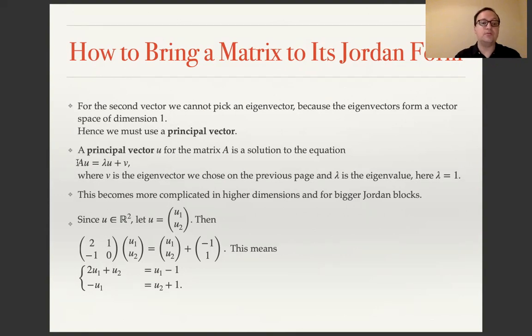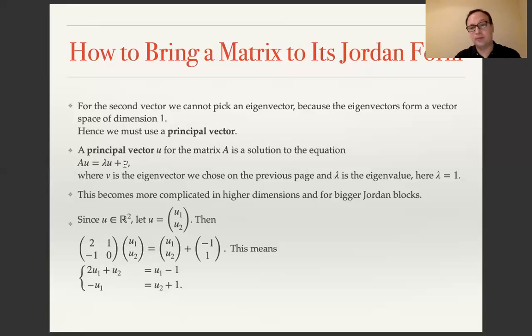If this were the equation of an eigenvector, I would just have Au is equal to lambda u. That would mean that u is an eigenvector. Now this equation says Au is equal to lambda u plus v, where v is an eigenvector for the eigenvalue lambda. And we should use the same one that we already computed.